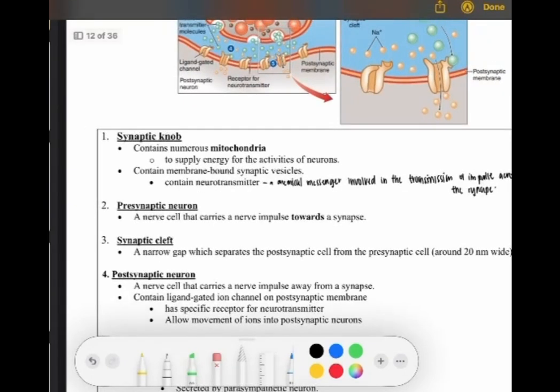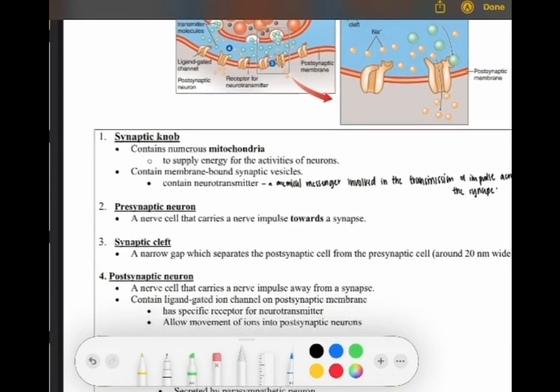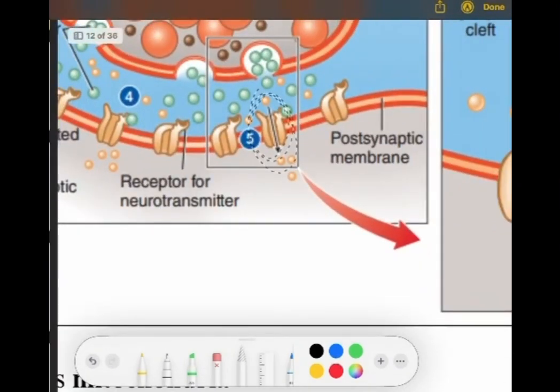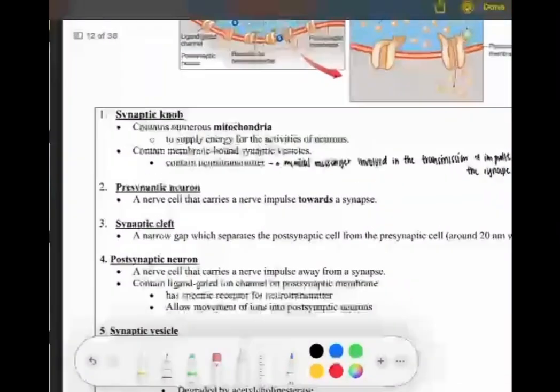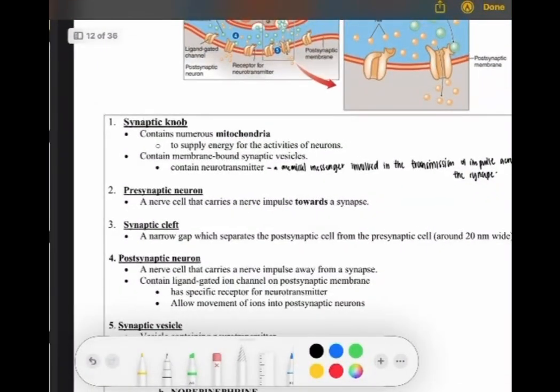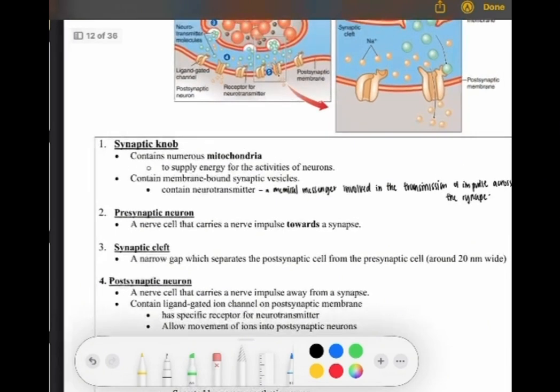It has a specific receptor for neurotransmitter. You can see the neurotransmitter can bind to the ligand-gated ion channel. Its other function is to allow movement of ions into the postsynaptic membrane, so ion movement happens right here.